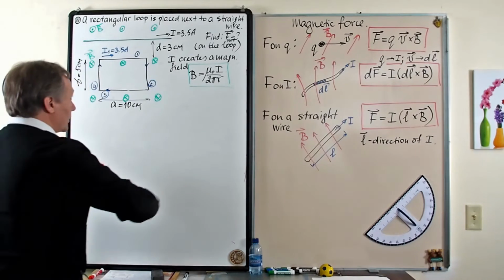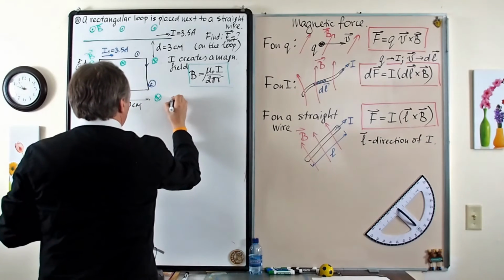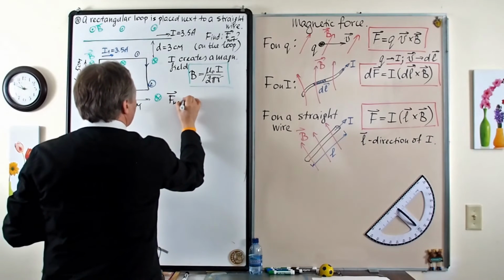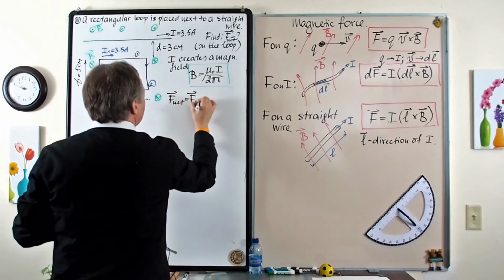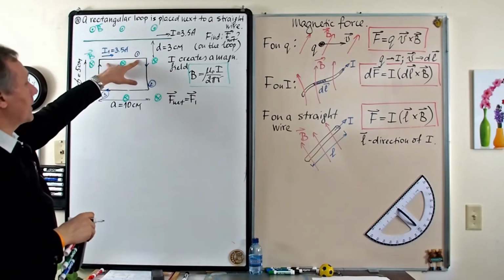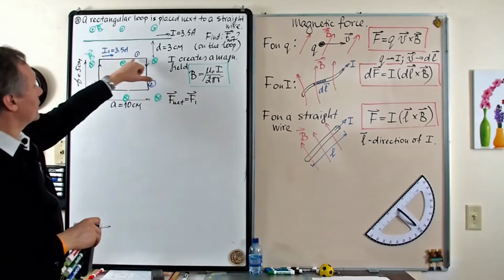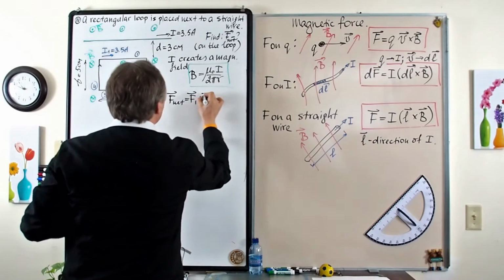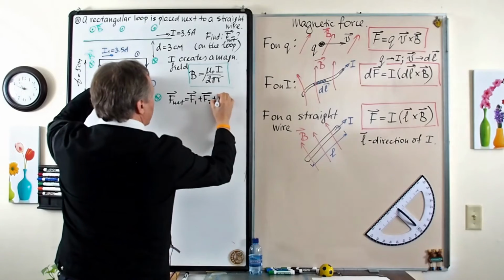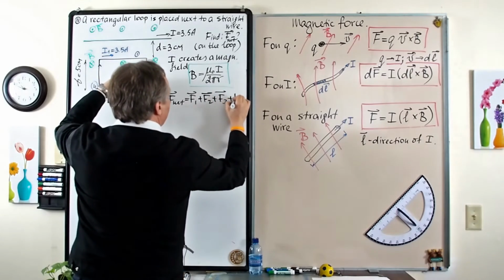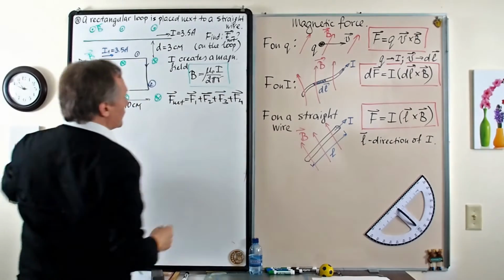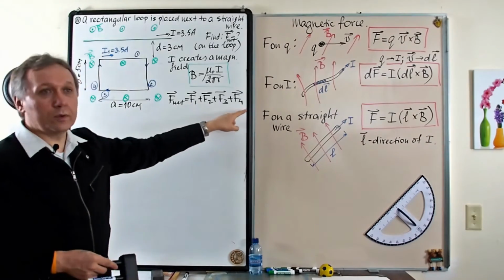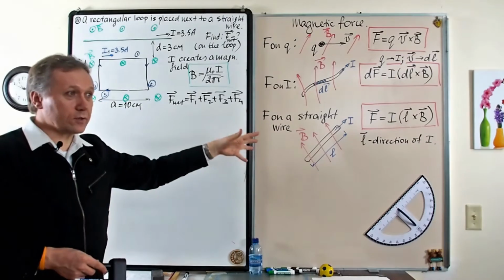So as a result, I can write that F net equals F1, the magnetic force acting on this piece of the loop, plus F2 on this, plus F3, plus F4. So now, step by step, we need to find all these forces, directions and magnitude.